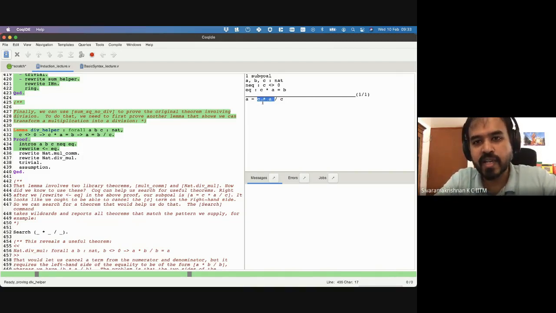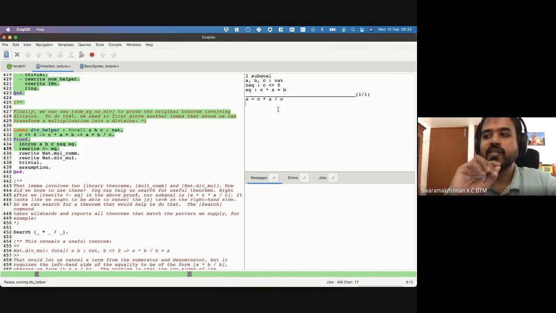So you need to commute these terms so that you get A times C divided by C. And then you can cancel these things out, C and C, assuming that C is not 0. If C is 0, then you can't just cancel out because it will be 0 divided by 0. But we have an assumption which says that C is not equal to 0.